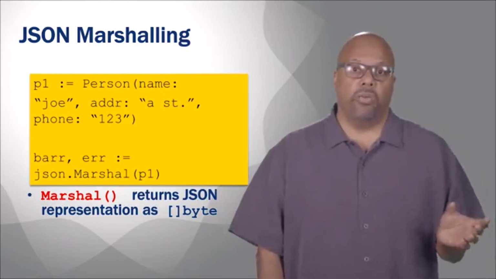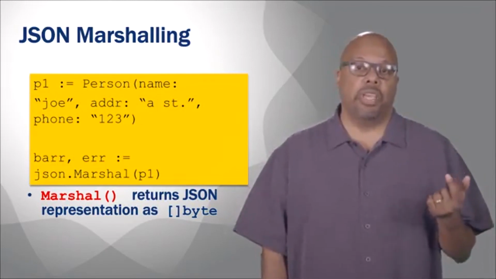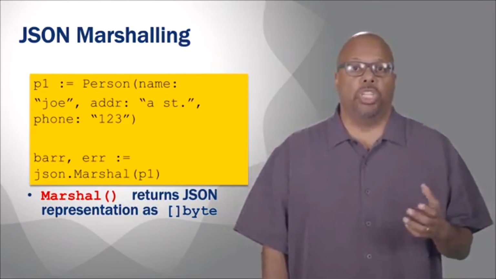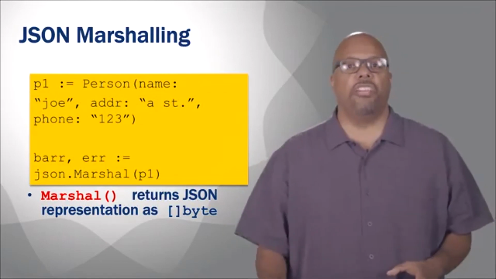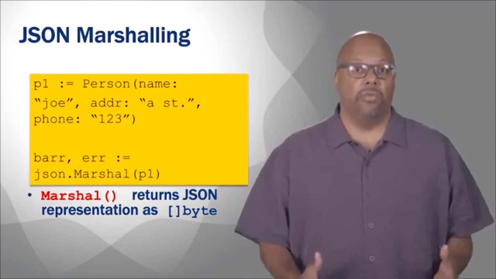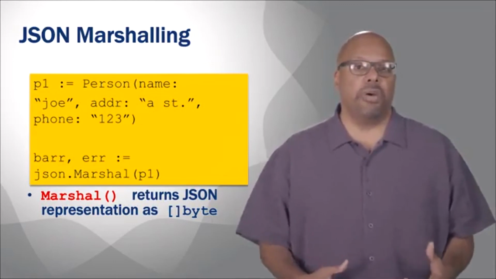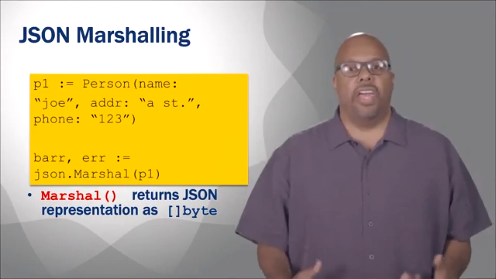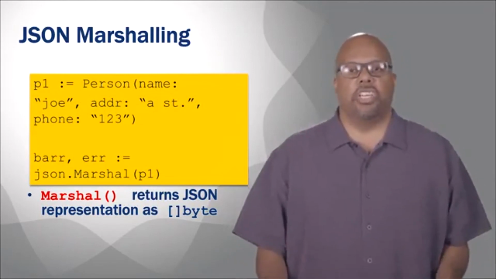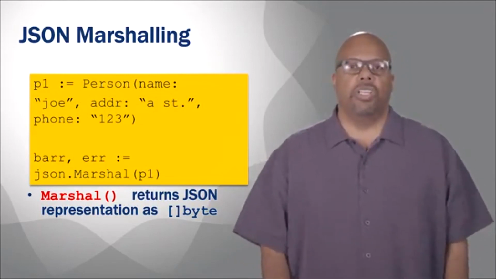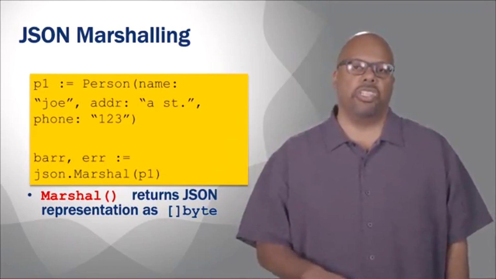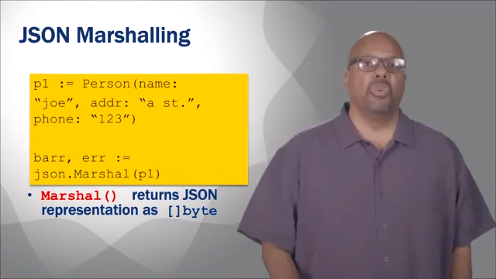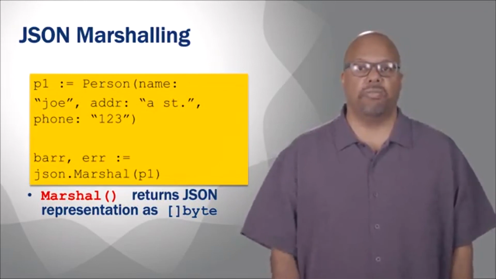And what it really returns, this B array, is actually a byte array, which contains the JSON representation. Remember that JSON is all Unicode. So this byte array is an array of runes, basically, that is the JSON representation. So what JSON.Marshal does is it takes a Golang object and returns you a JSON representation.